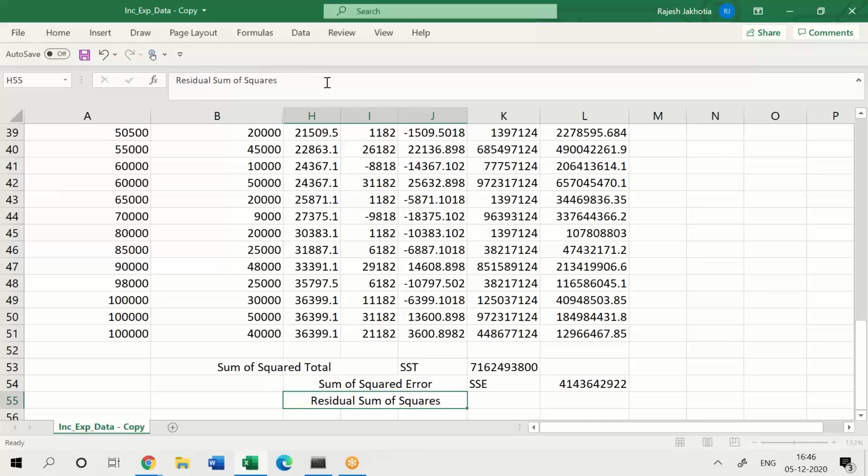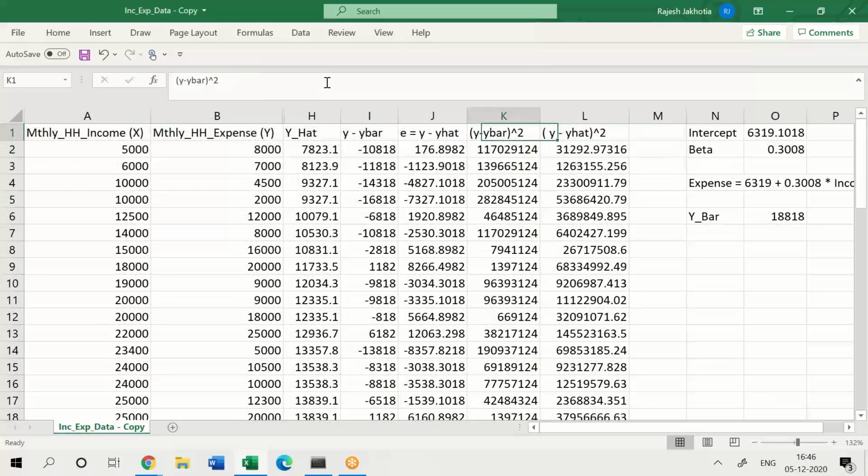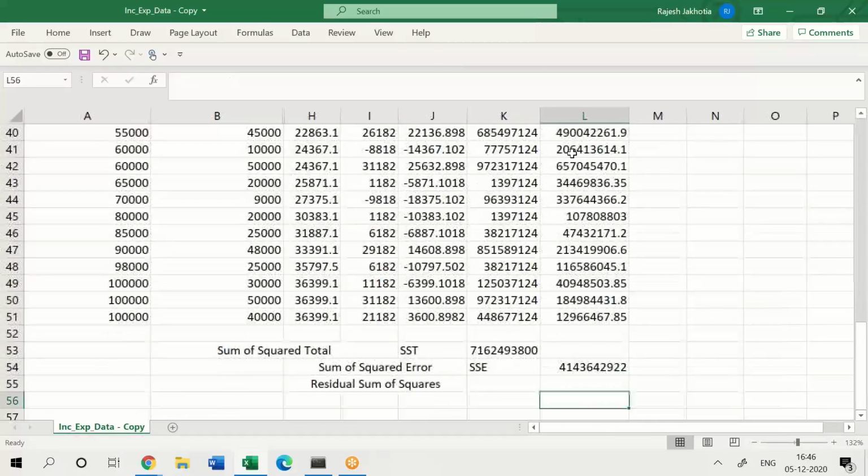Why? Despite building the model, we have not been able to eliminate the error completely. This much amount of error is still left behind. That is residual. So the square of this is called residual square, and that is residual sum of squares. So the other terminology is residual sum of squares. So this is what we have.